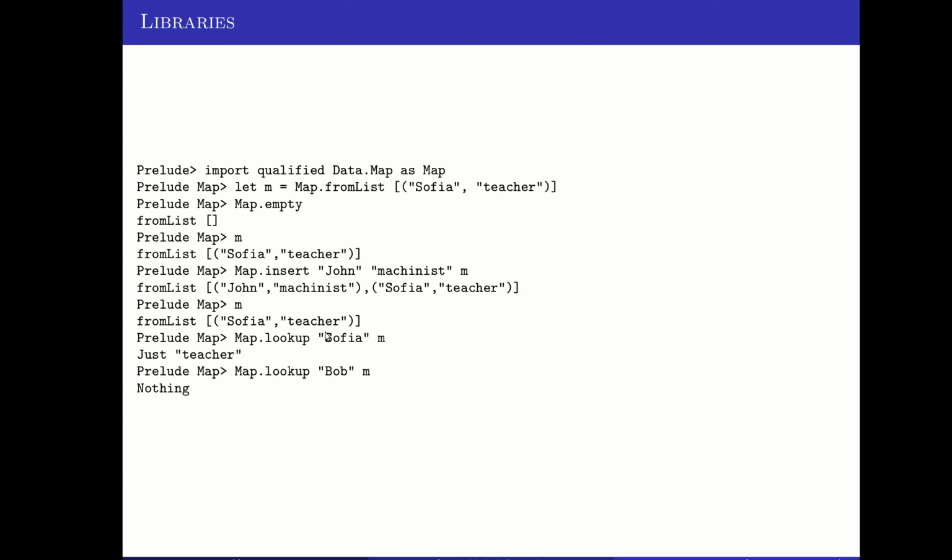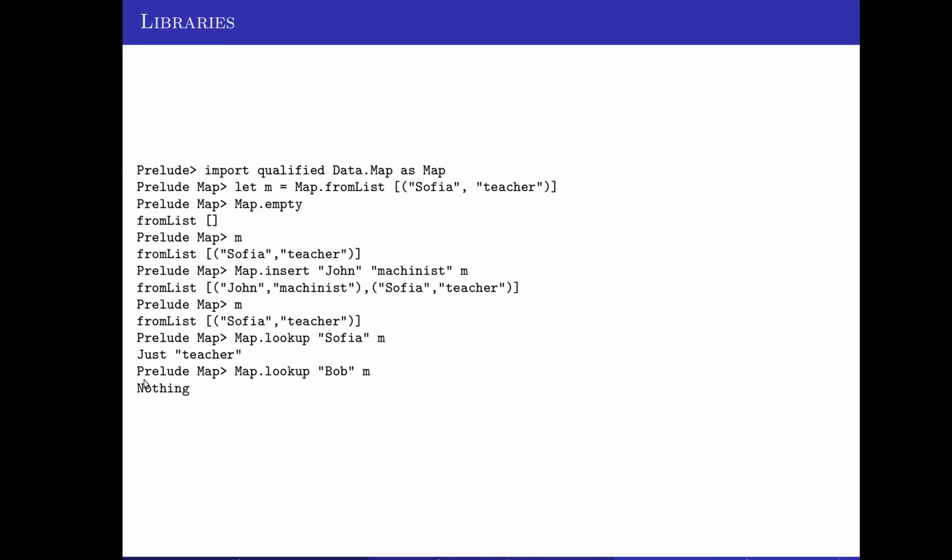Map.lookup will look up the key and give us out the value. It's worth noting that this uses the optional type that's actually called Maybe, capital M, Maybe, which can either be Nothing, because nothing was found, for instance, or it's labeled as Just and then some actual value. This is different than the string teacher because this is in a special type that's allowed to be nothing.